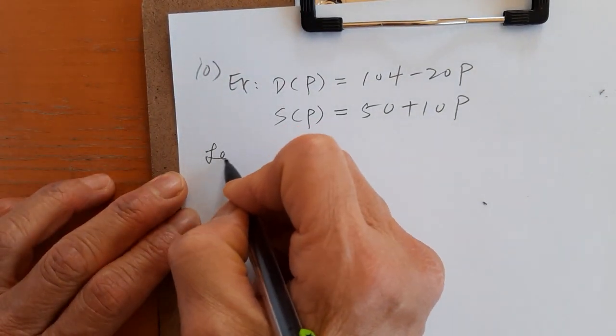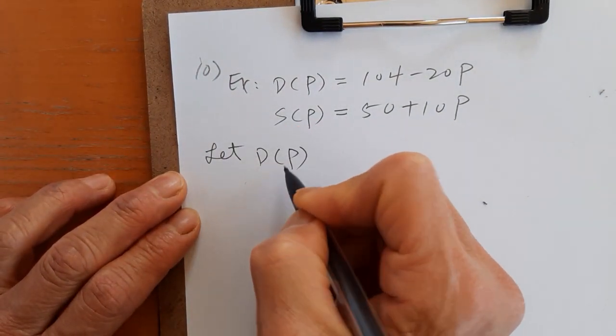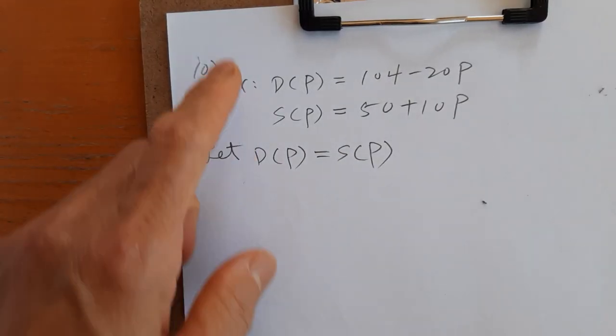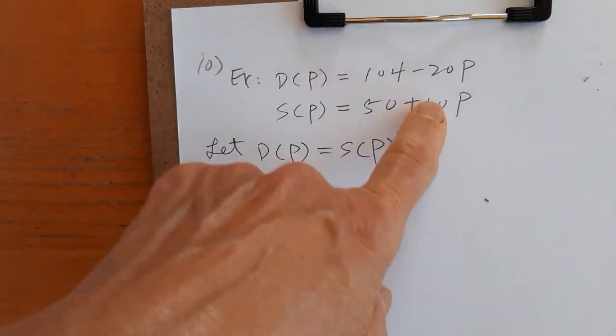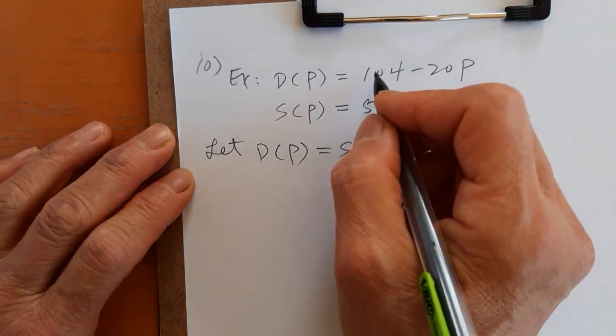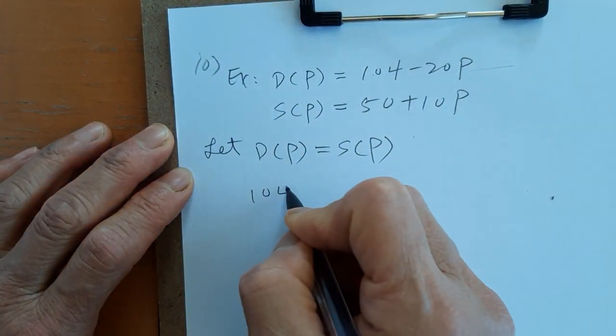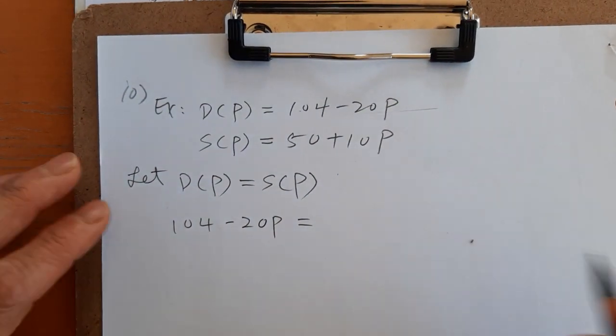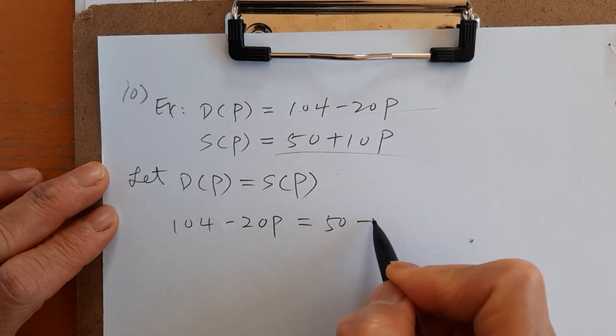So you let the demand function equal the supply function. Let the two functions be equal, so the right sides are equal. That means demand, 104 minus 20P, should equal supply, 50 plus 10P.